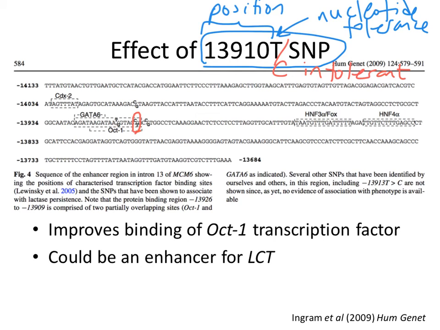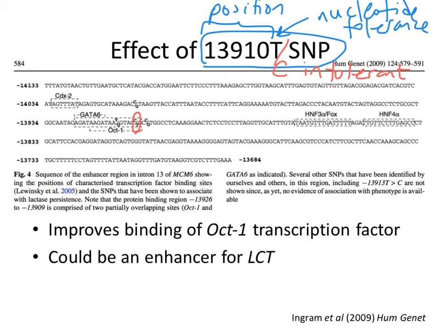And OCT1 recognizes a particular DNA sequence, and this mutation happens to be in the part of the chromosome where that protein, which is a transcription factor, binds. In other words, this minus 13,910 mutation could be occurring in an enhancer sequence for that gene that's 13,000 base pairs that way, lactase.